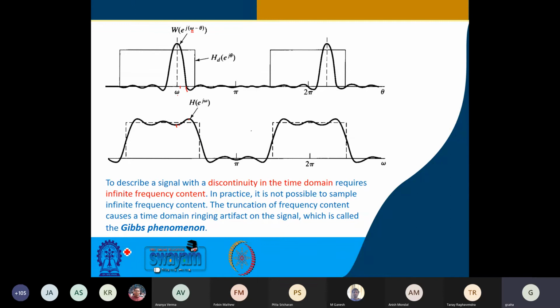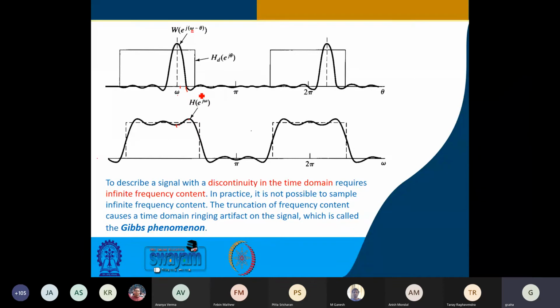What we had been discussing, or what your friends just now explained, is how these wavy natures come about and how they are related to these side lobes.